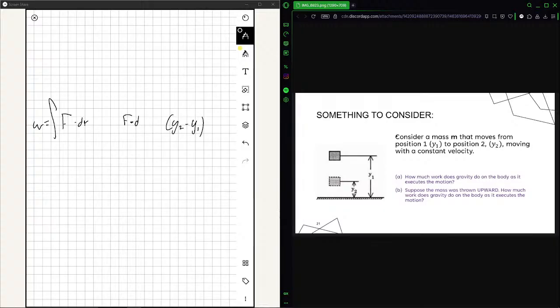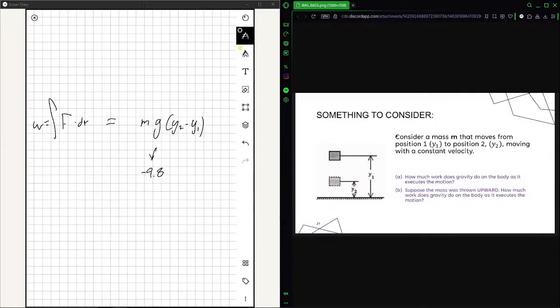Gravity is negative, but the displacement is also negative, so you get a positive value. You could do mg(y2 minus y1) as the answer, but g has to be negative 9.8. You have to clarify it's not positive 9.8, because otherwise you could be wrong. It depends on the sign. So that's the answer for that question.